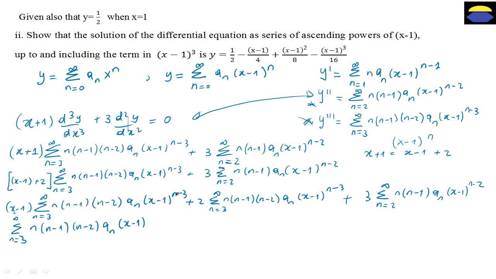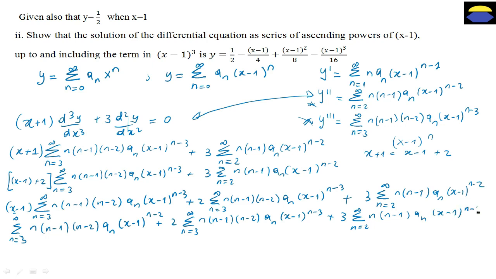This is going to be to the power 1, so it's n minus 3 plus 1, which is n minus 2, plus 2 times the sum from n equals 3 to infinity, n minus 1, n minus 2, a sub n, x minus 1 to the power n minus 3, plus 3 times the sum from n equals 2 to infinity, n minus 1, a sub n, x minus 1 to the power n minus 2.